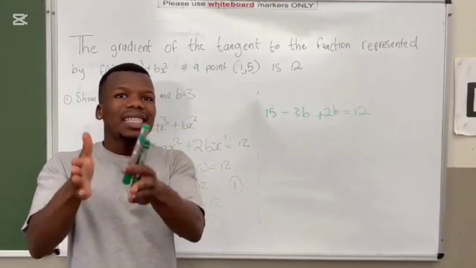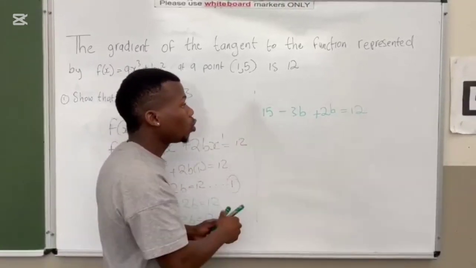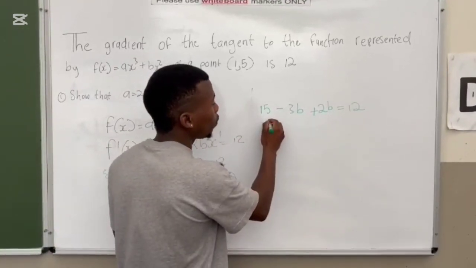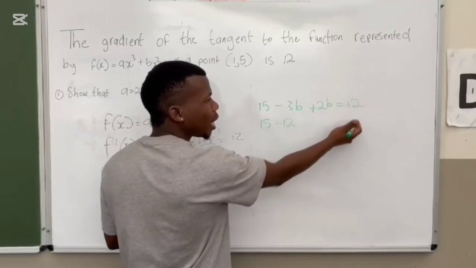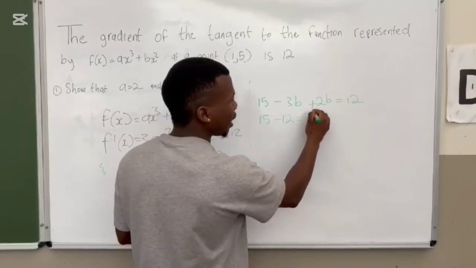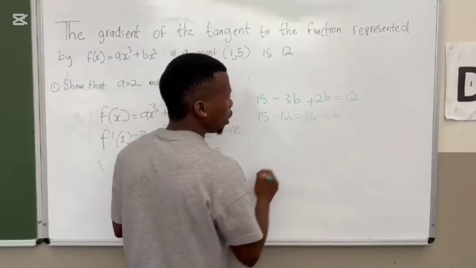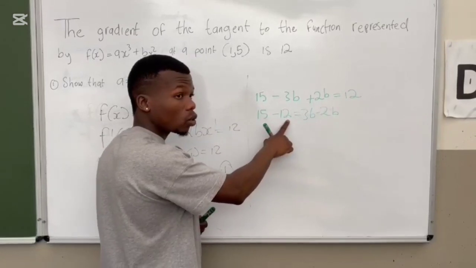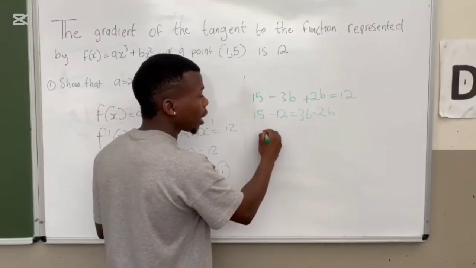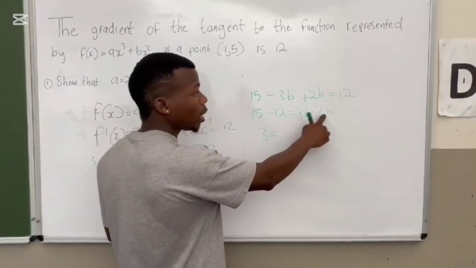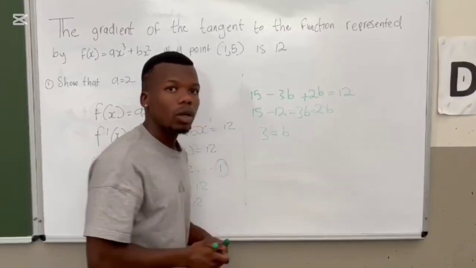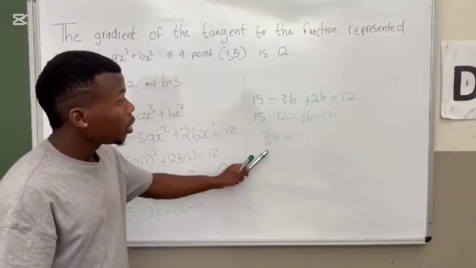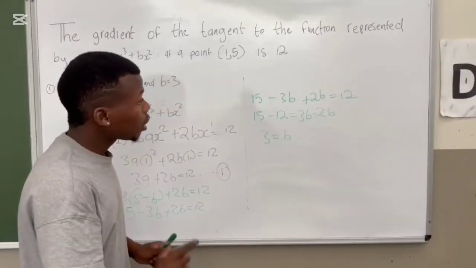I need to make b the subject of the formula. This is going to be 15 minus 12 equals 3b minus 2b. 15 minus 12 is 3, which equals 3b minus 2b, which is b. In other words, the value of b is equal to 3.